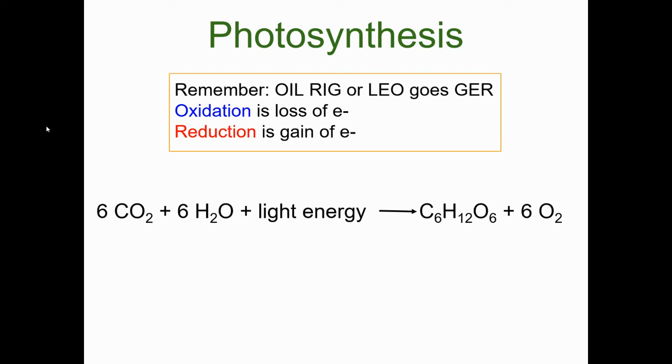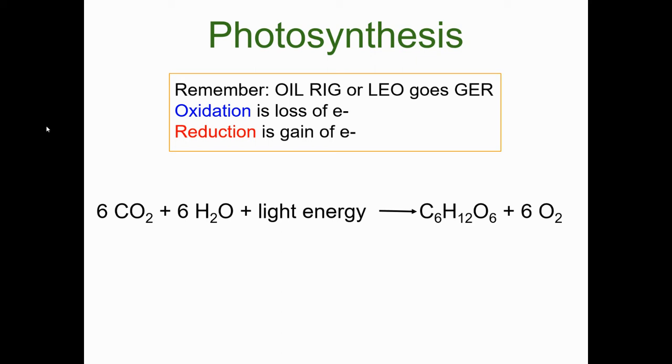Oxidation is going to be the loss of electrons, and there's two ways to remember this. They're taught in college. You have OIL RIG or you have LEO goes GER. I like LEO goes GER just because it's funny, but do what works for you.